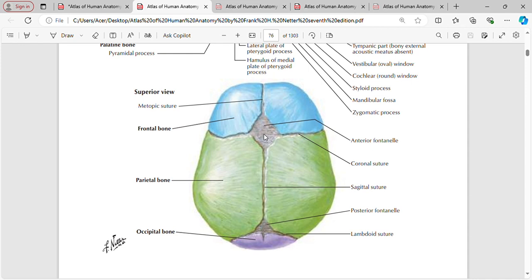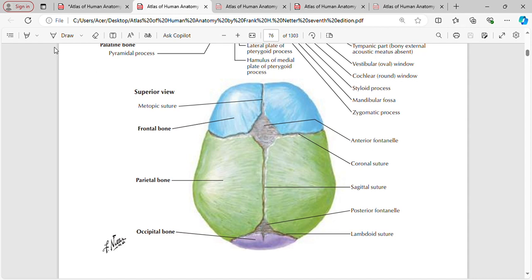So it's been made in such a beautiful way that when the baby grows, there will be an increase in the structures of the body, and the fontanelle is here to allow the accommodation of the increase in the size of the brain. This also allows the passage of the baby during labor and delivery, right?